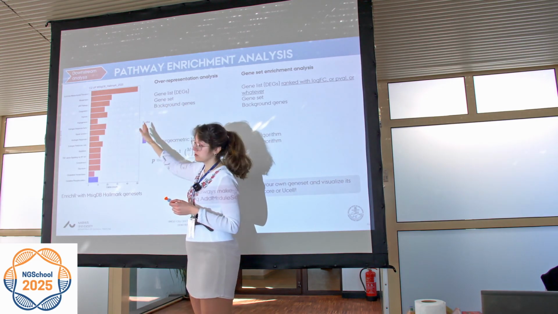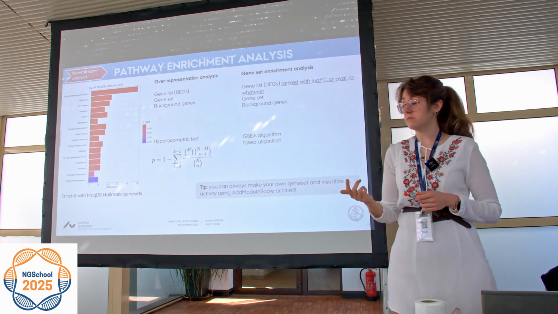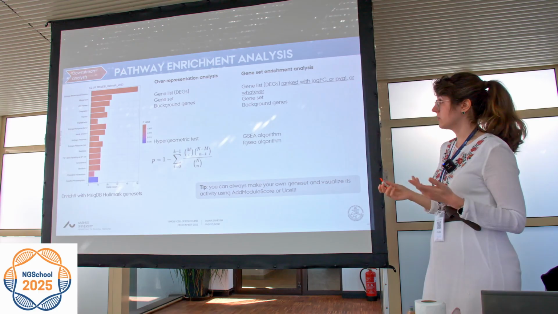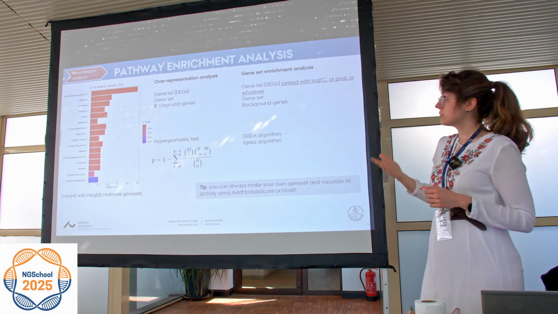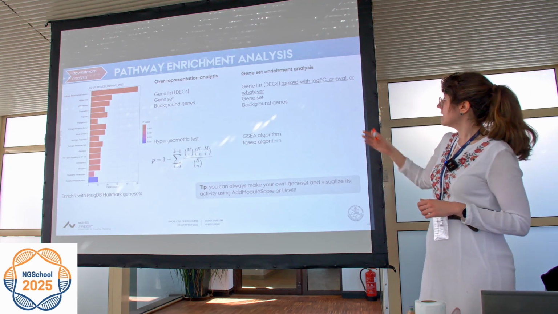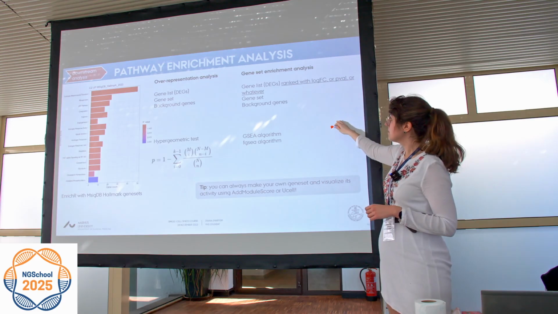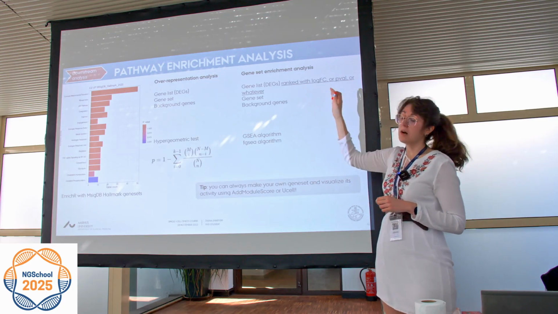You can use MSigDB, Reactome, KEGG pathway, Panther. There are many of them, and there are different tools to do it online. Gene set enrichment analysis is more powerful because it allows you to have background genes and to have up and down regulated genes.